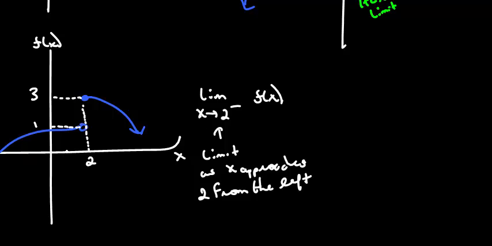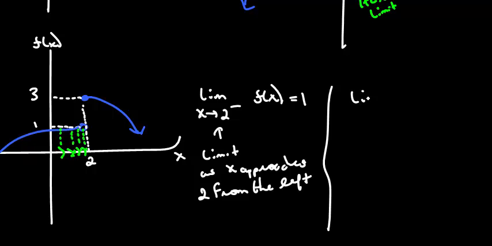Well, as we come in from the left side, our height values are approaching the value 1. If you look here, here's a height, here's a height, here's a height. They're getting closer and closer to 1. So we say that this is equal to 1. That's the left-handed limit. It's a one-sided limit.